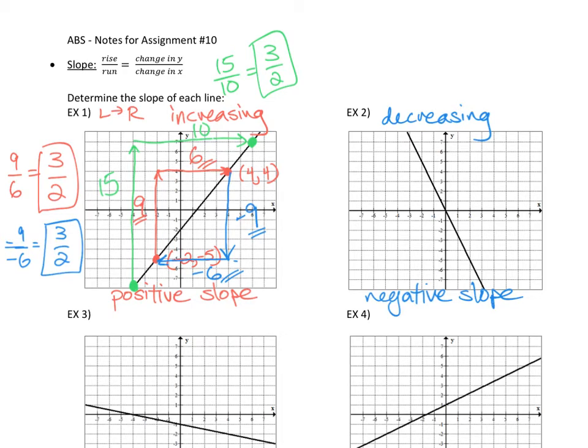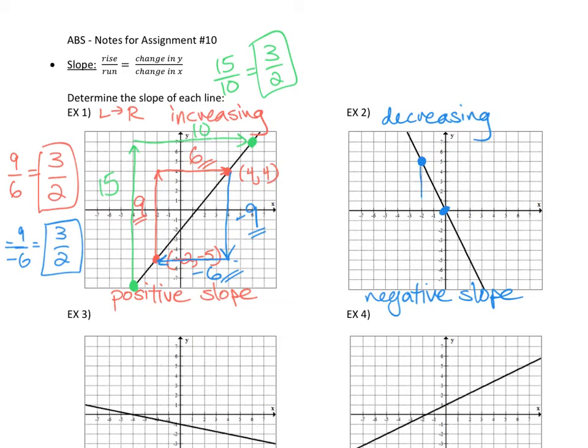So let's take a look at example 2. I pick this point and this point. Now I like to start from the left point and either rise or run, or rise then run.